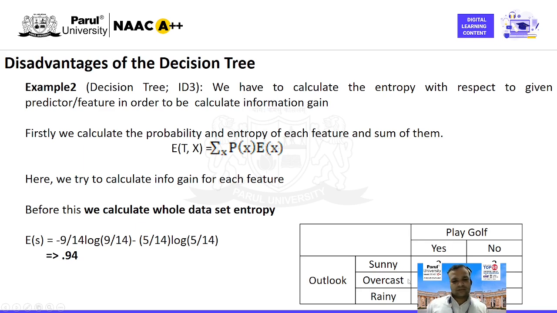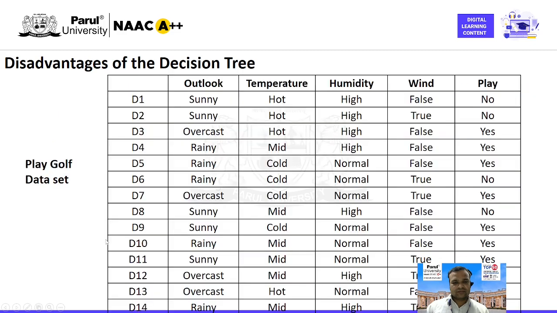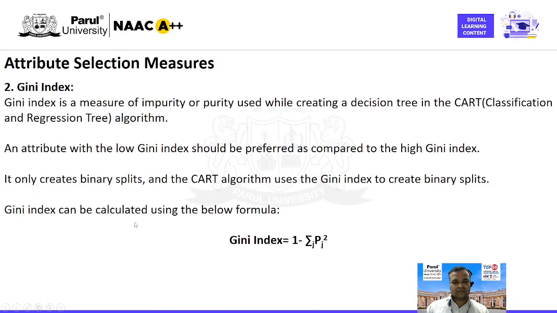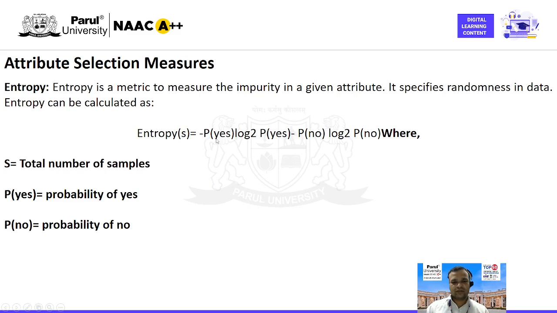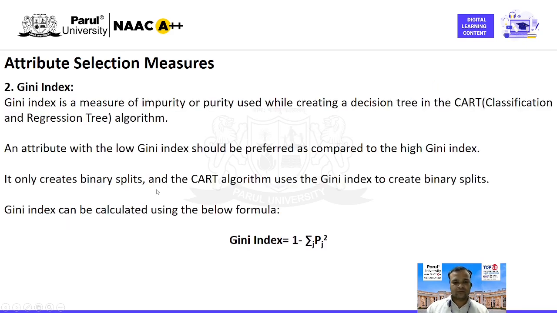We calculate the whole dataset entropy with this formula: minus p of yes, the probability of yes, log base 2 probability of yes, minus probability of no log base 2 probability of no. With the help of this, you can calculate the total entropy of the total samples.